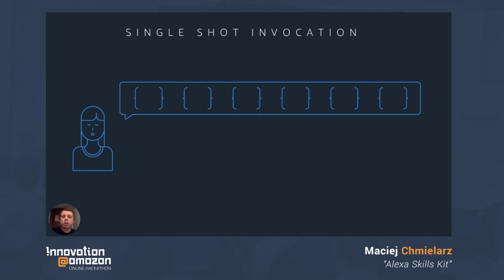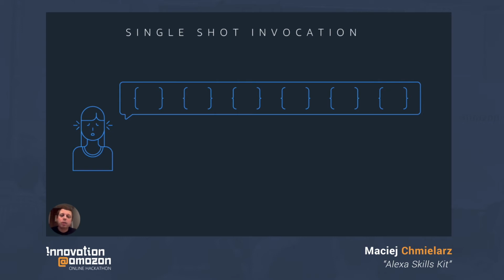In such a case, it's hard to expect that the user will be able to provide that in one breath, because before they finish the sentence, they may simply forget where they started and what they were saying. So it might be hard for Alexa to understand what the user really needs. And this is obviously not good because this creates friction, and this can prevent users from using your skill.